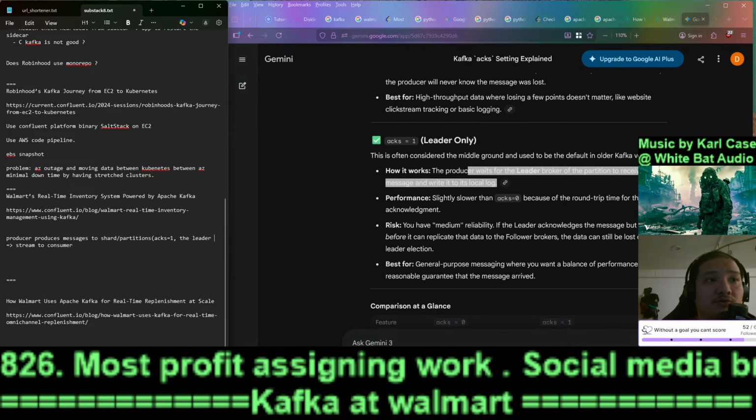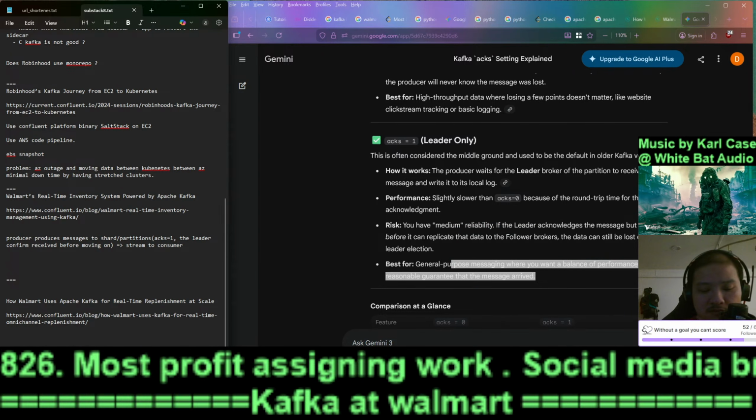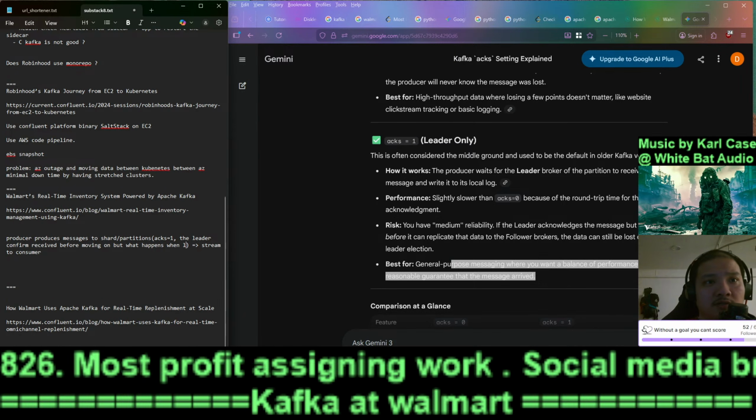So this is acks equal 1. The leader confirms receipt before moving on, right? Medium. But what happens when the leader crashes? Does it retry?